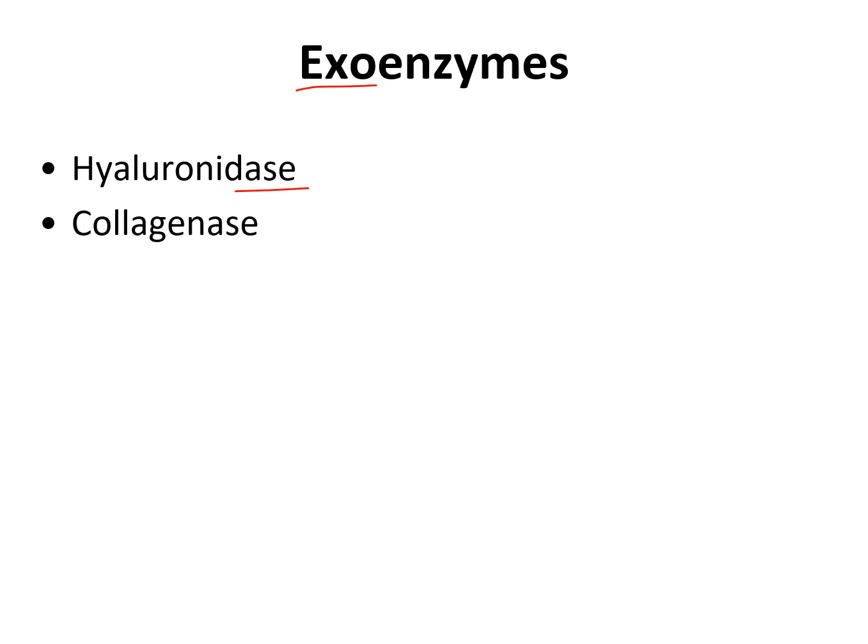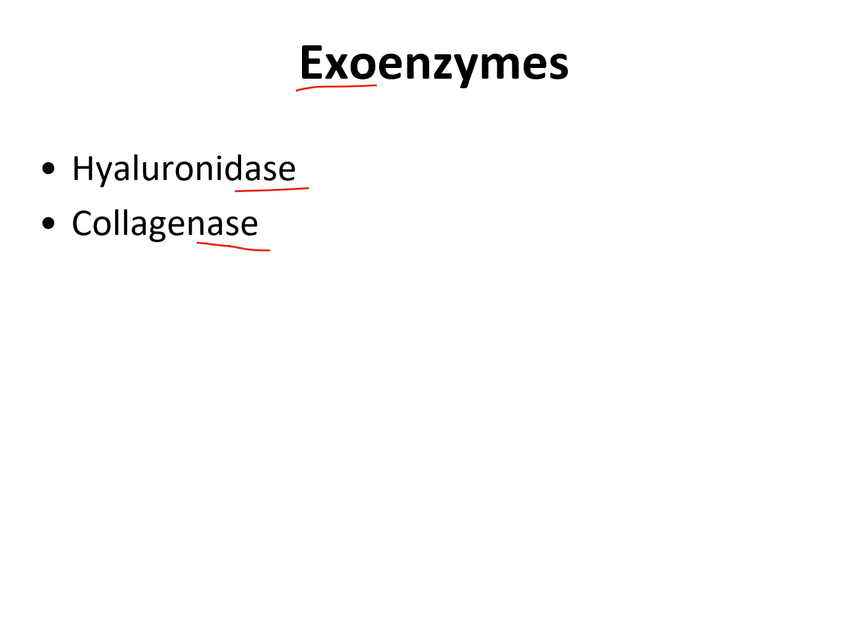Two exoenzymes that dissolve materials are the first, hyaluronidase. Again, the ase ending tells you it is an enzyme that breaks down hyaluronic acid, which is found in connective tissue. The second one is collagenase.